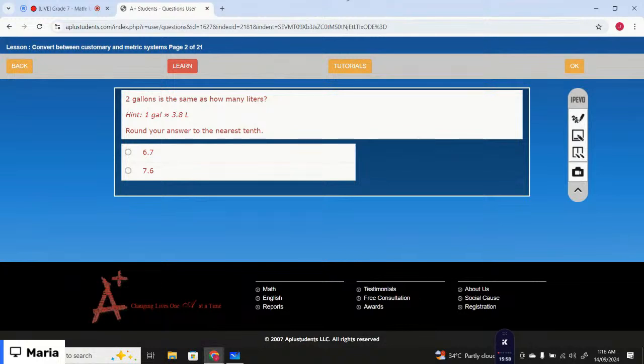One gallon equals 3.8 liters, right? So for the 2 gallons, you need to calculate 2 times 3.8. So 2 times 3.8 is, yes, 7.6 liters it is. Option number 2 is the correct option.